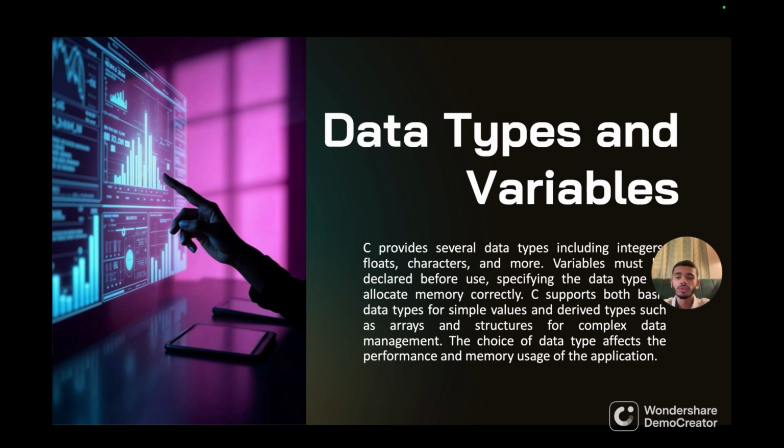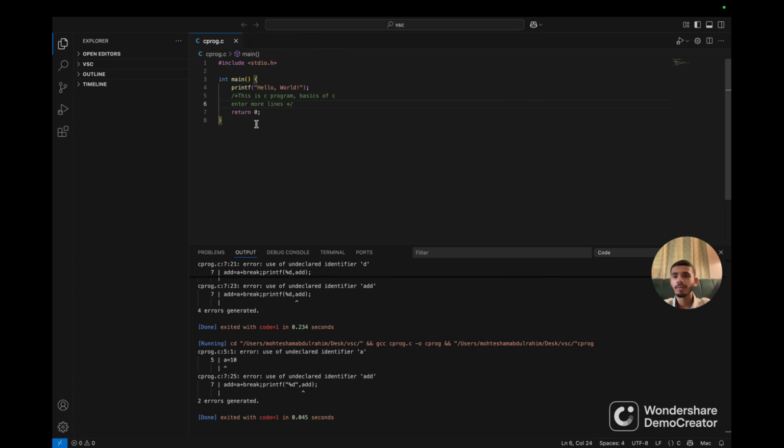Okay, so we define variables like this. For example, int age equal to 25. Float salary is equal to 3500.50.